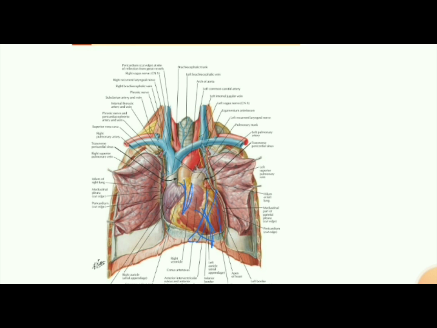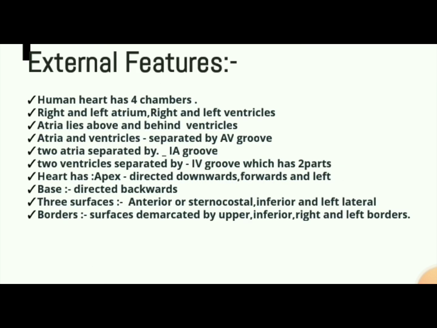The interventricular groove has 2 parts, anterior and posterior. The heart has an apex which is directed downward, forward and to the left side, and the base is directed backwards.